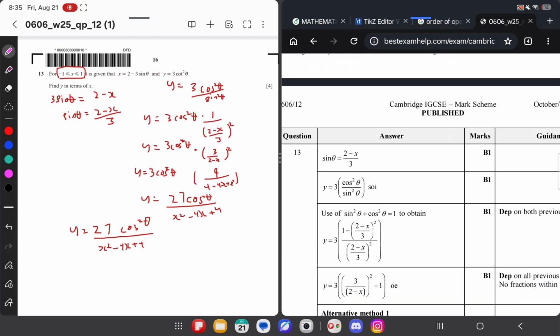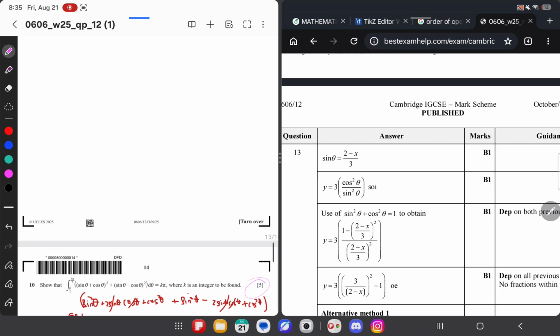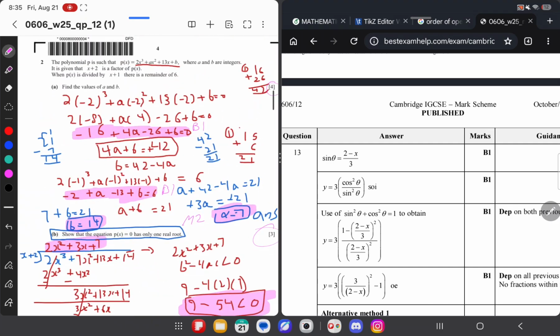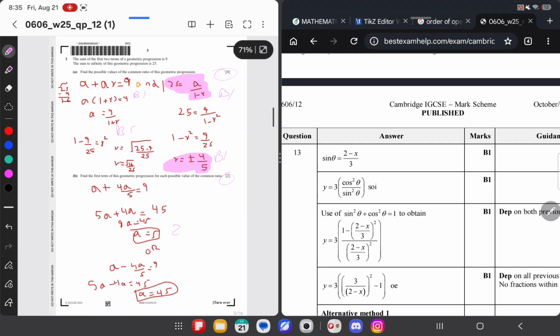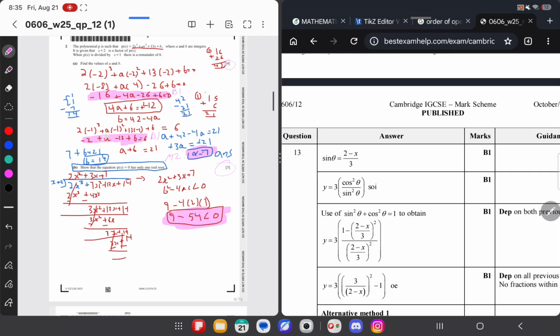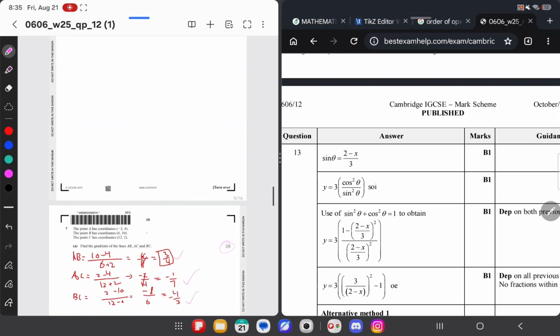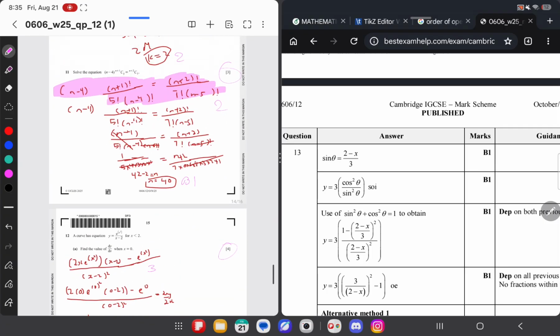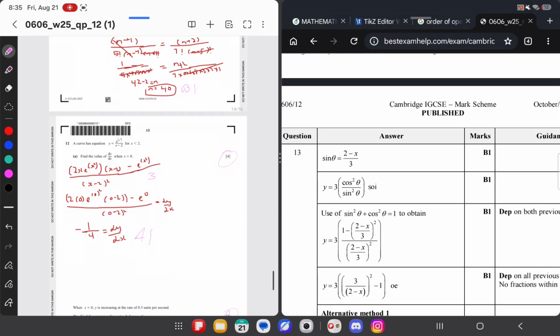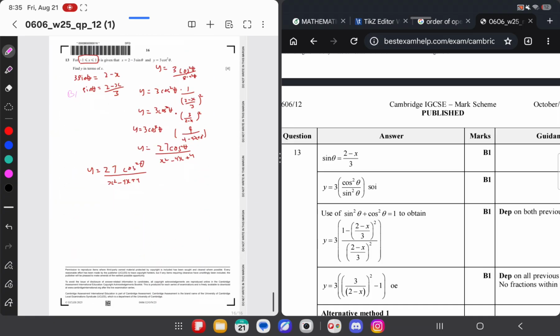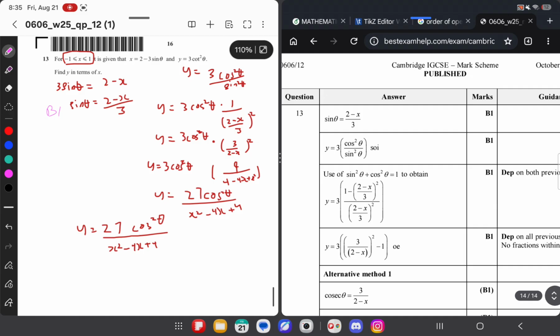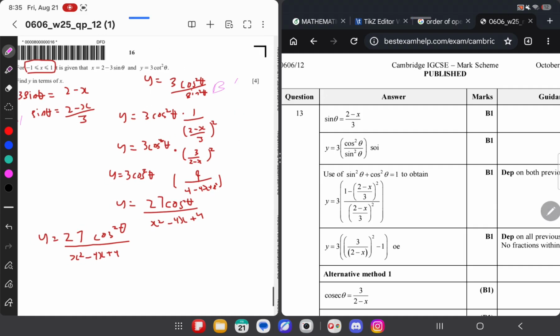Sine of x is equal, theta is equal to 2 minus x over 3. B1, shorting. Then y is equal to 3 cosine sine squared, seen or implied.